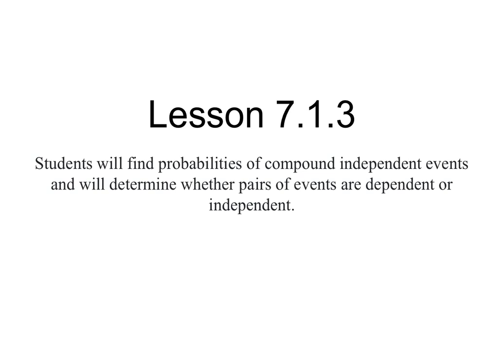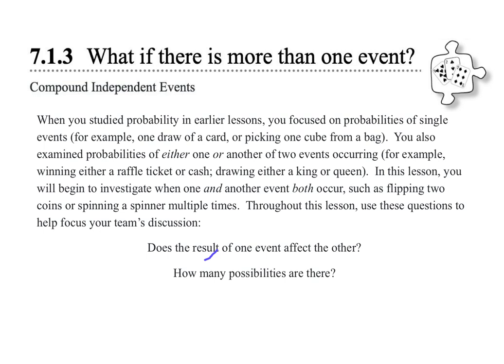You today will find probabilities of compound independent events, and you will determine whether pairs of events are dependent or independent. When you studied probability in earlier lessons, you focused on probabilities of single events. For example, one draw of a card or picking 1 cube from a bag.